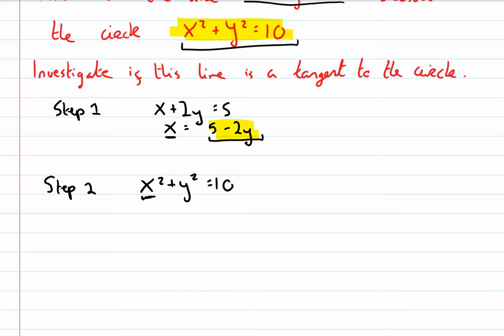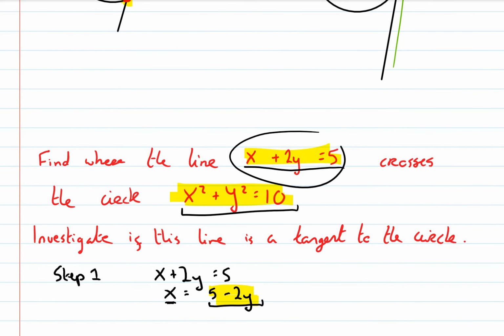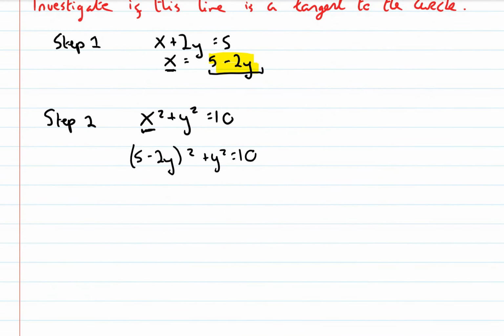So I'll replace x with 5 minus 2y, squared, plus y squared equals 10. Now why did I do that? Because in this equation and this equation I had 2 unknowns. However, now after replacing the x with the 5 minus 2y, I have an equation with only one unknown, the y's. So I should be able to solve that.